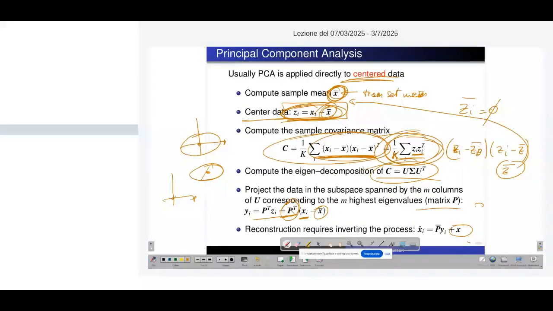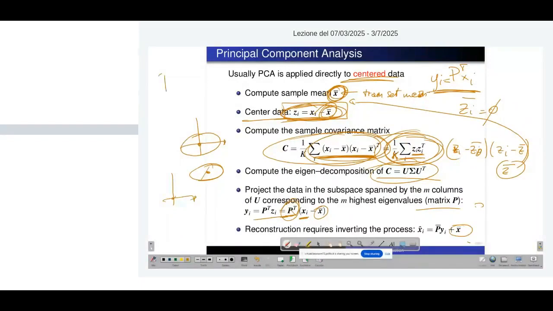That is, we find P by solving this problem, but then you may see people doing just this. We project the sample Xi over P without centering the samples again. Why can we do this? Well, because we will see that for many problems, we don't really care whether the output is centered.